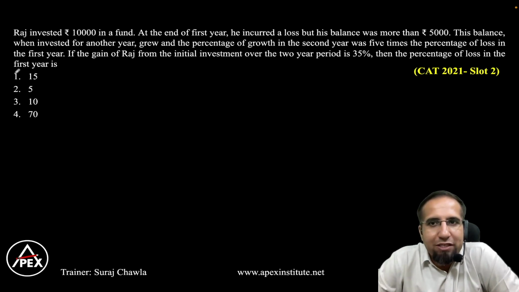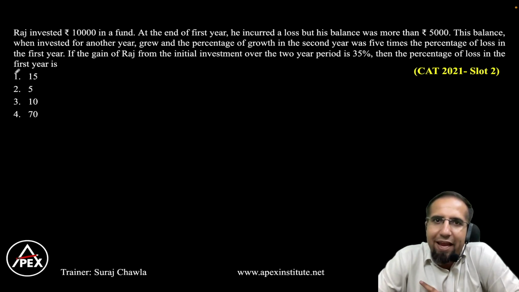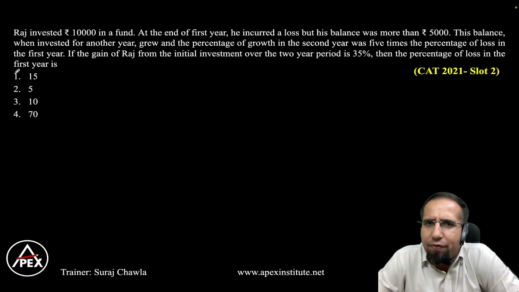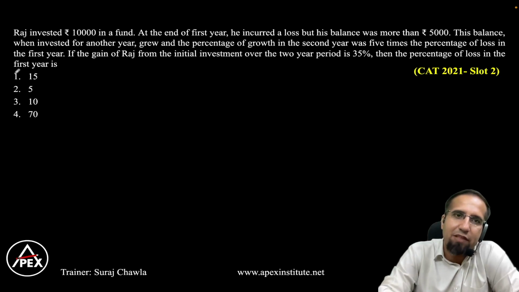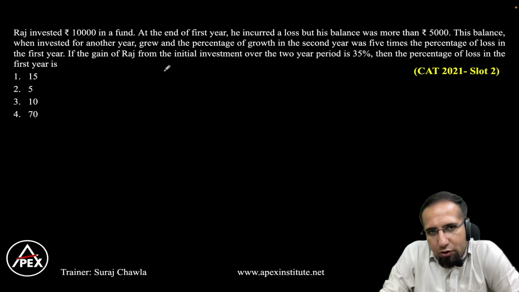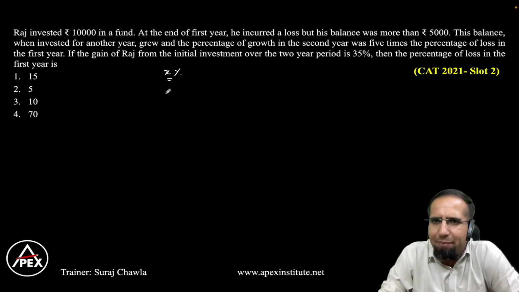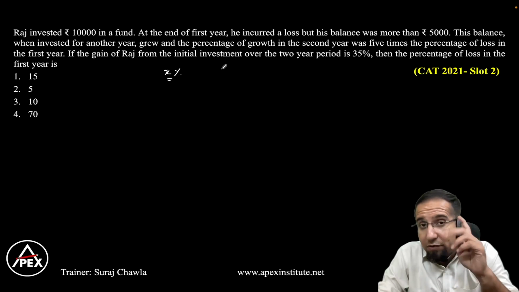Now, in this question, Raj invested rupees 10,000 in a fund. At the end of the year, he incurred a loss of X percentage, but his balance was more than 5,000. 5,000 of 10,000 is 50 percentage.